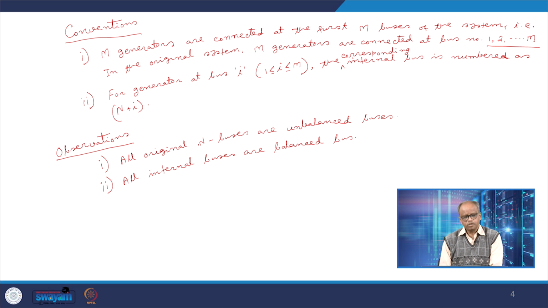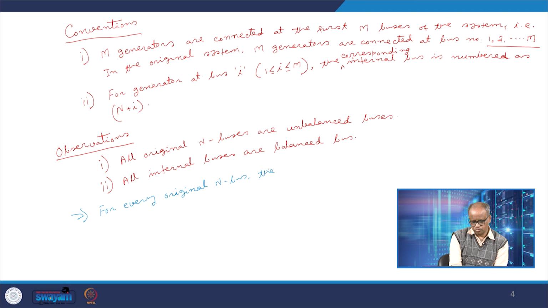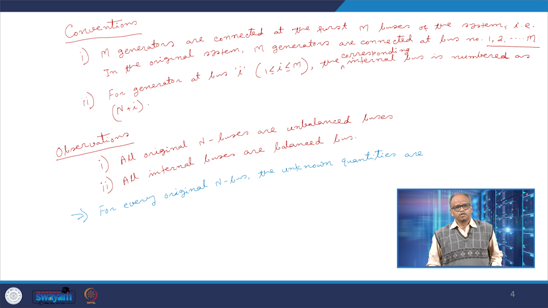because all original n buses are unbalanced buses, therefore for every original n bus the unknown quantities are, because these are all unbalanced buses, the voltage magnitudes as well as the angles for each of these phases A, B, C need to be computed.